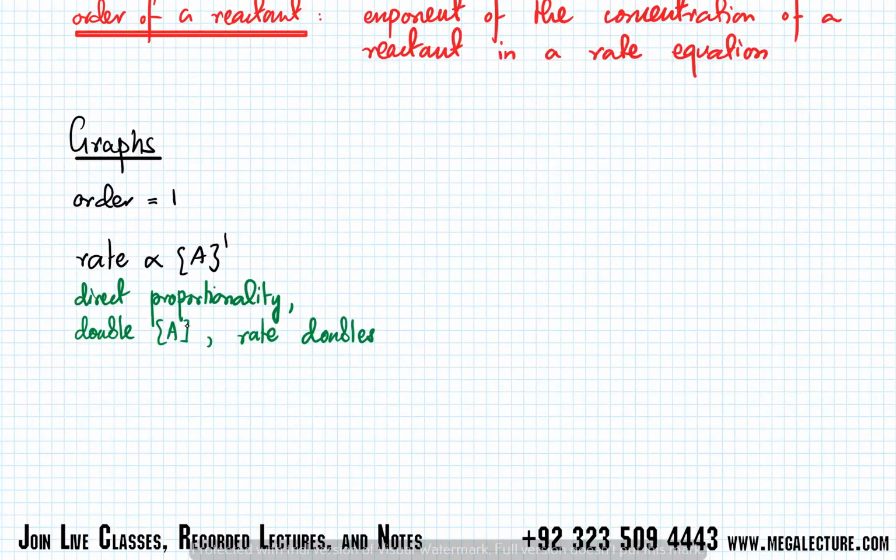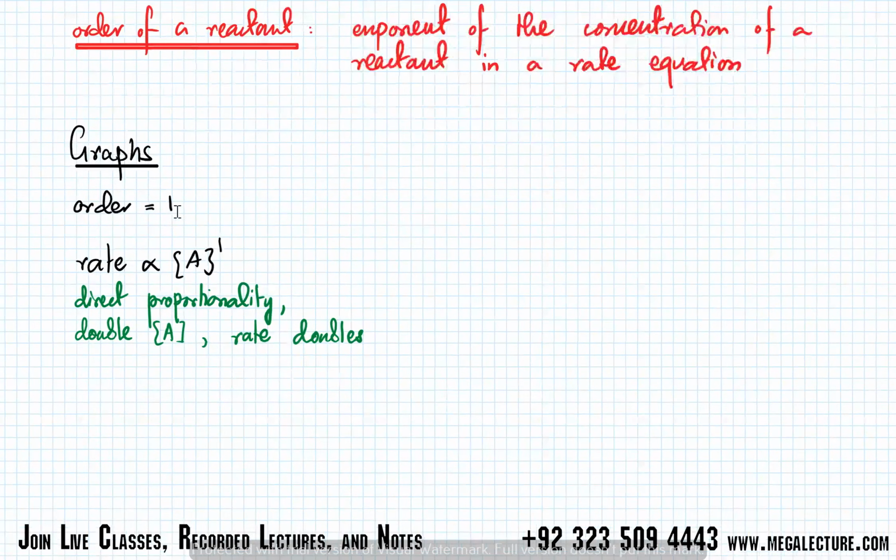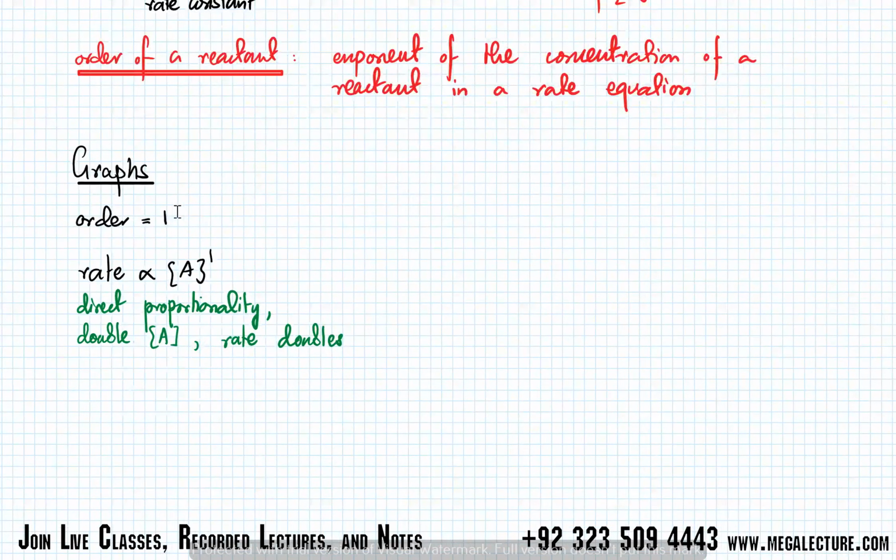And similarly, you can triple the concentration of A, the rate will also triple. If you reduce the concentration of A by half, the rate will also decrease by half, okay? So is this clear? Order one, is this clear? Okay, what is order one? Is this clear? Yes, sir.